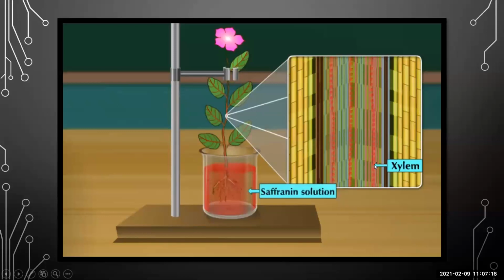The xylem conducting tissues turn red, so we can conclude that the xylem has transported the red color or water from roots in the upward direction in the plants.